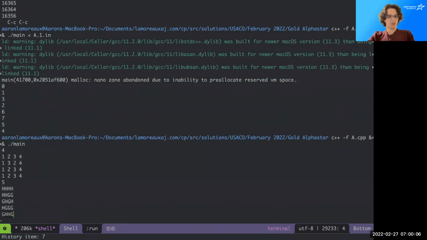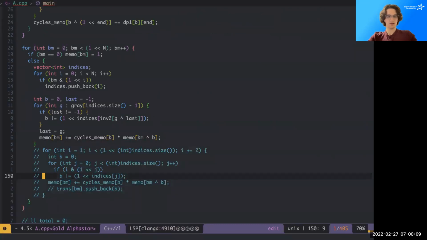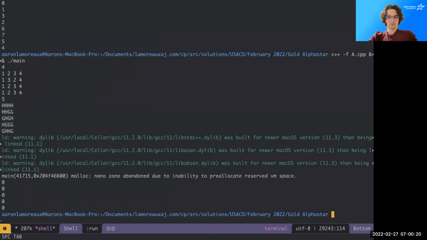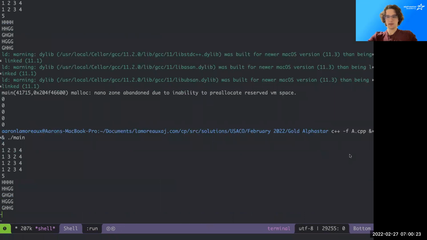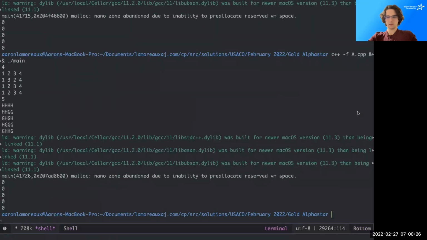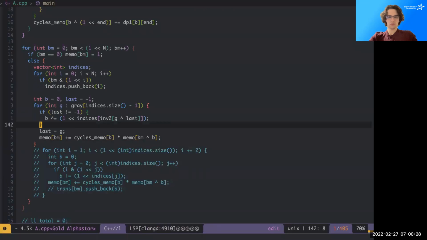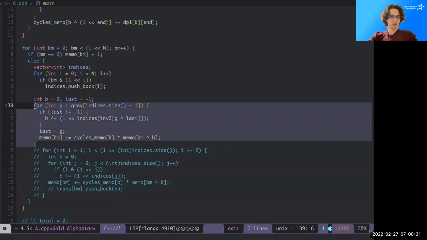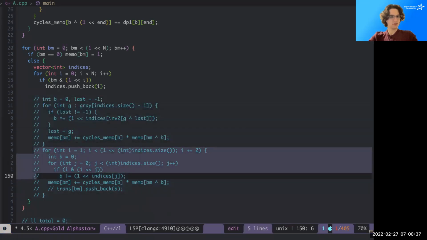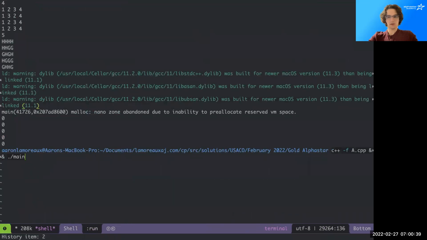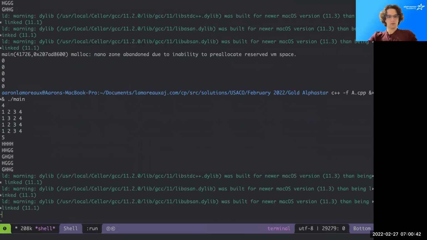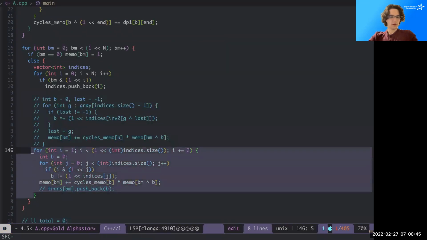Let's try the small input again. Doesn't work. Okay, we'll XOR it. No. We're doing something wrong here. Let's make sure we didn't mess this up. Just moving over the gray code codes incorrectly.